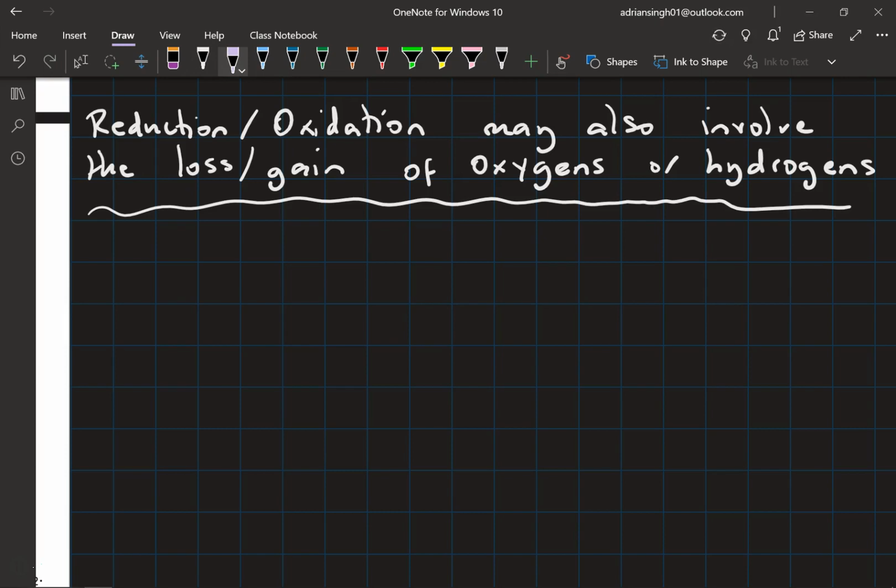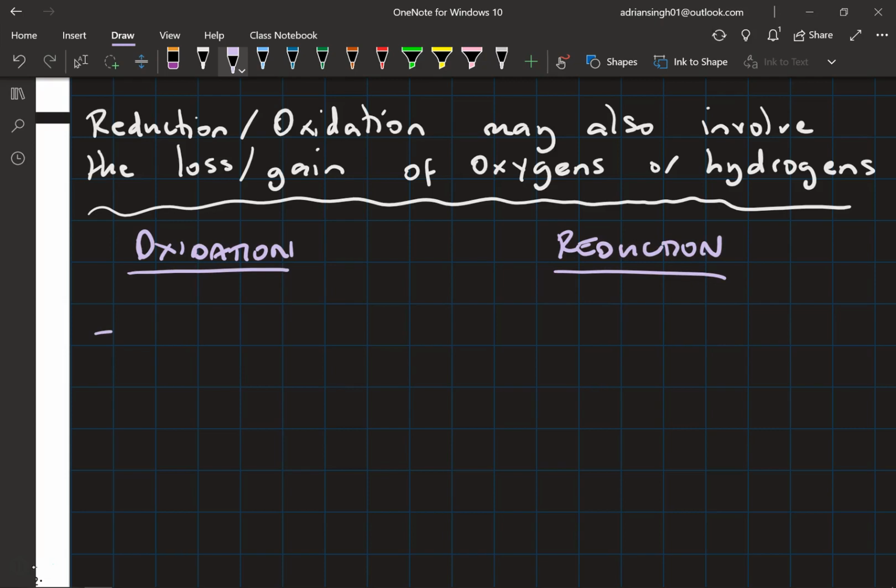All right, so let's do a little table. We'll do oxidation first. And we have reduction. Okay, and we just saw in terms of the electrons, oxidation is the loss of electrons, which means the reduction then would be the gain of electrons.